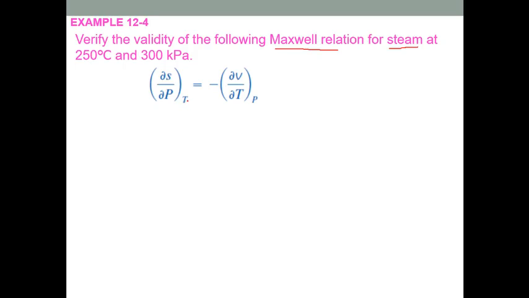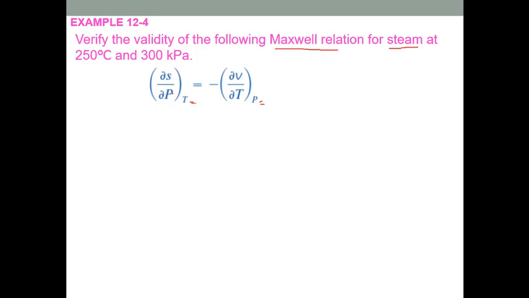Now the given temperature is 250 degrees C. Similarly, the given pressure is 300 kilopascal. So we need to figure out delta P and delta T, because this is a derivative, and we can approximate it as a finite difference.